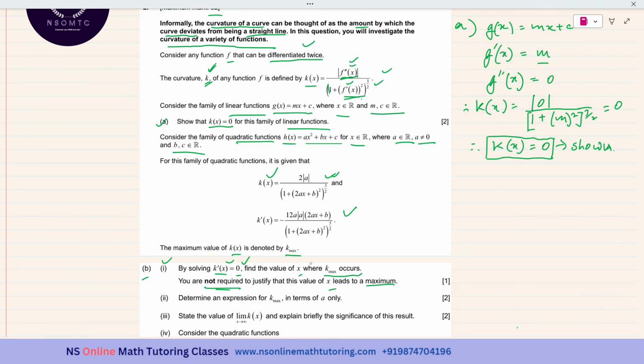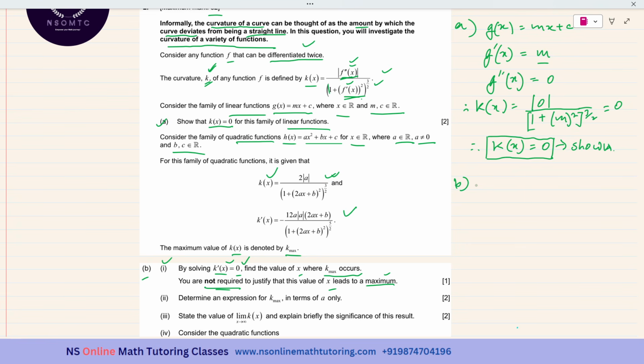It can correspond to a local maximum, a local minimum or a stationary point of inflection, but you do not have to justify that it is a local maximum. We just have to find the value of x.